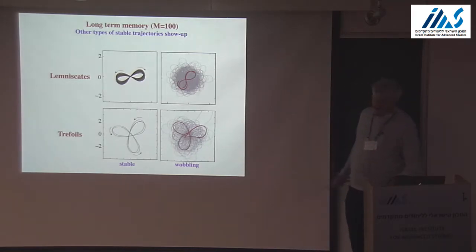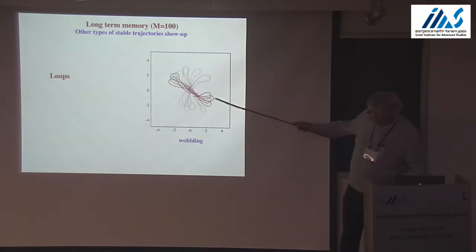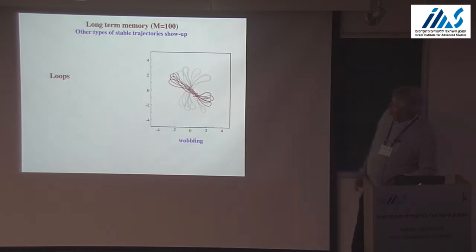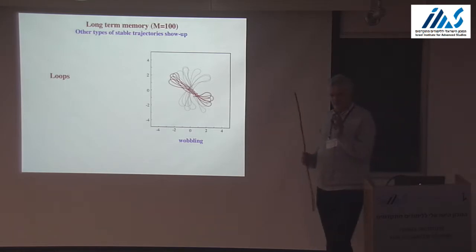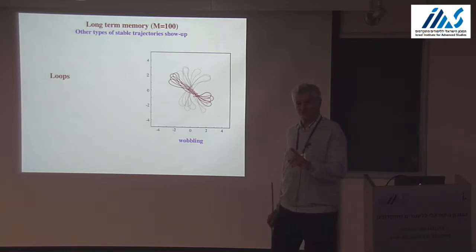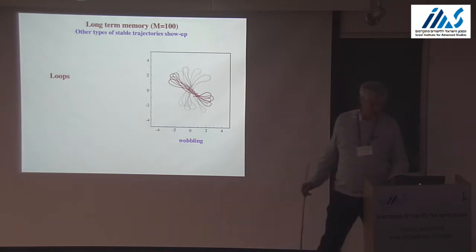And again, there is still one more possible, which is formed of small loops with a stem like this, strange, but it is also a stable trajectory. And all these stable trajectories are only observed again in a very, very narrow range of values of the control parameter.